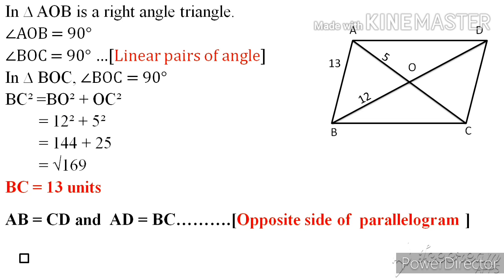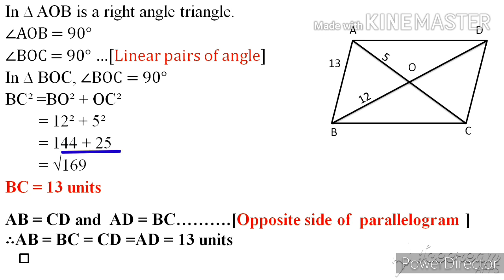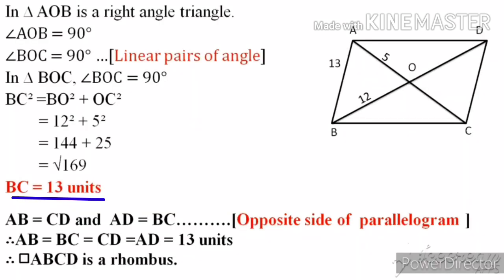Substitute the value of BO 12 and the value of OC 5. Square of 12 is 144. Square of 5 is 25. Addition of 144 plus 25 we get 169. Square root of 169 is 13 units. Therefore, BC equals 13 units.